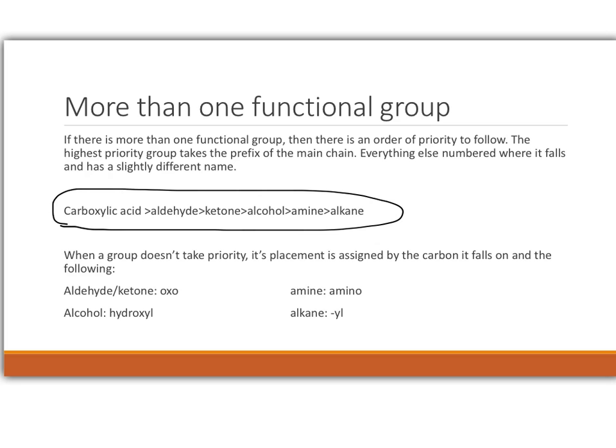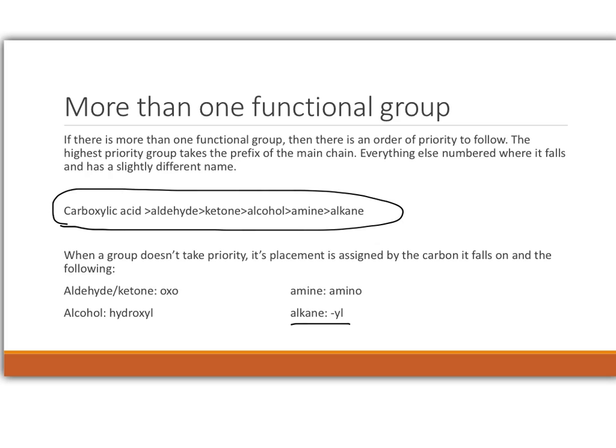The other part to this: when a group doesn't take priority, it's not going to take that ending, but we still need to identify it in some way. Kind of like how with alkanes you add the -yl to the prefix, there's going to be a slightly different way of naming it. If you have an aldehyde or a ketone, it's going to be an oxo group. You'll put a number wherever it falls, like 2-oxo.